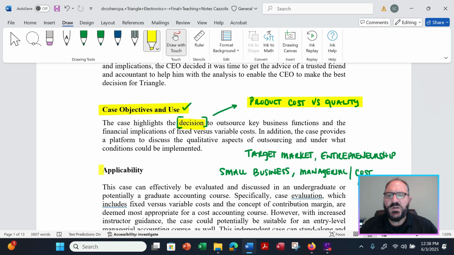The next item here, applicability. This has to do with where would you, in what class would you use this? And I think this would be good for a small business class, an entrepreneurship class, a class about target market, because quality, it's just like when it comes to cars. In the United States, we have Ford, which is a typical car for the average person.